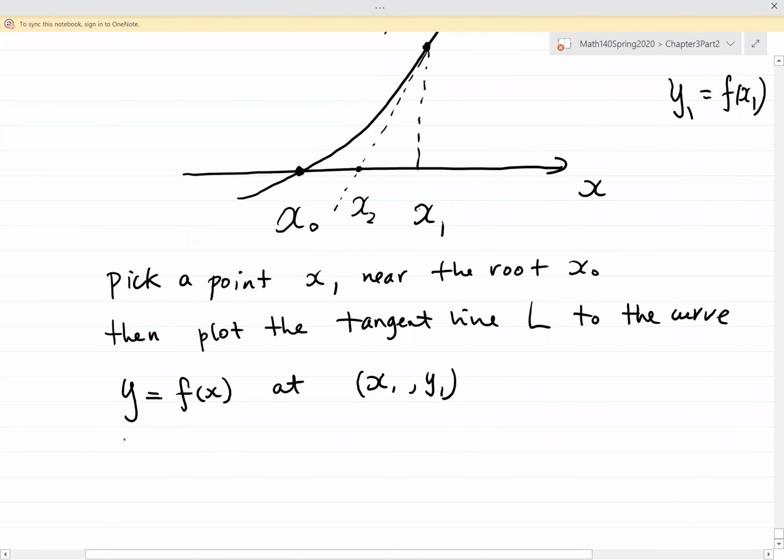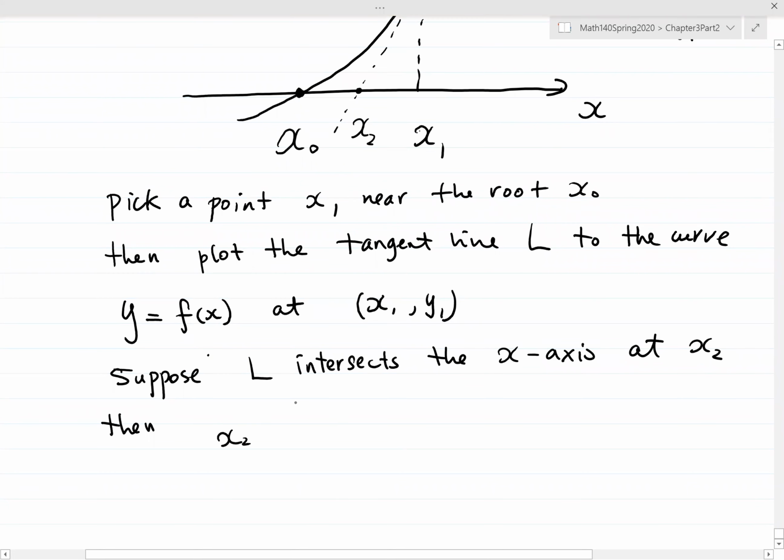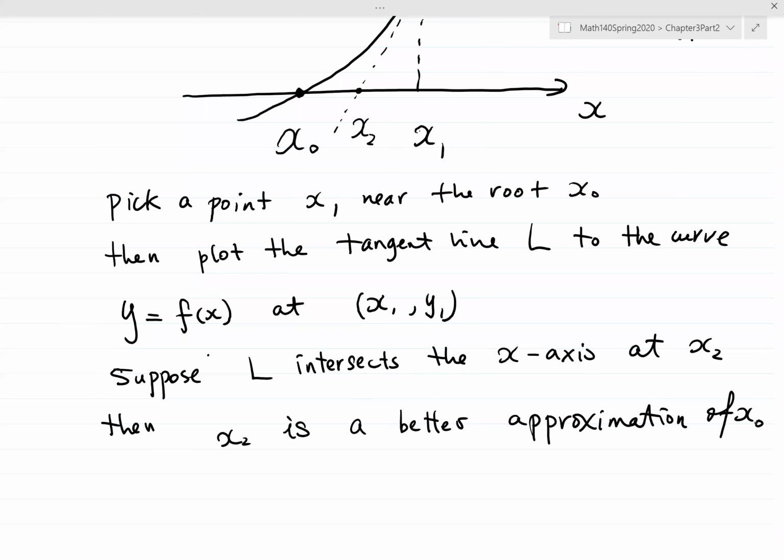Suppose L intersects the x-axis at x2. Then x2 is a better approximation, closer to x0. We don't know x0, but we know x1 and x2.